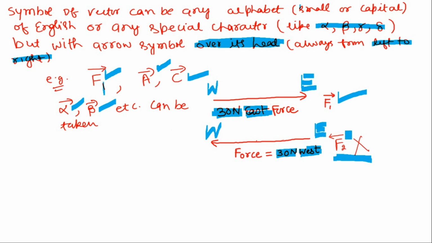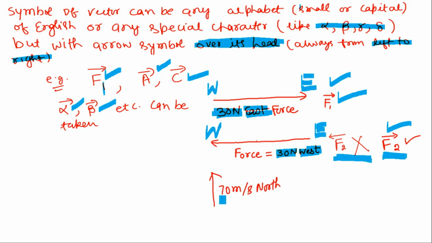Suppose this force is F2, the previous force was F1. Since the direction is from right to left, the arrow that is put over the symbol of the force should not be from right to left. Actually, this arrow should be from left to right, just like written here. So this is the correct way to represent the symbol of a force.